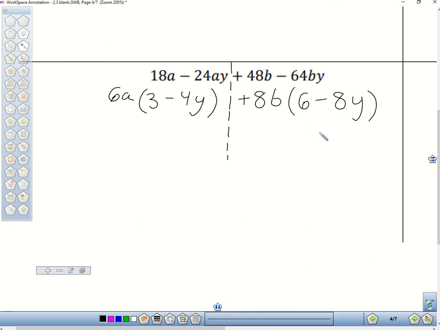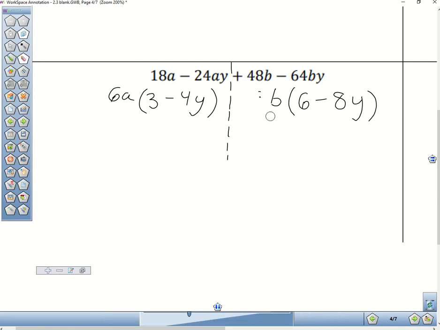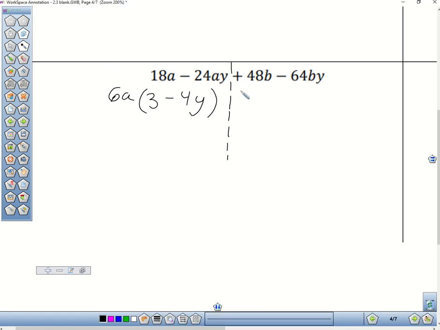Oh, 16. Aren't they both divisible by 16? Yes. We can factor out a 16 over here instead. That's going to make it better. So over here we can factor out 16b, positive 16b, which makes it 3 minus 4y, which works out better, right?